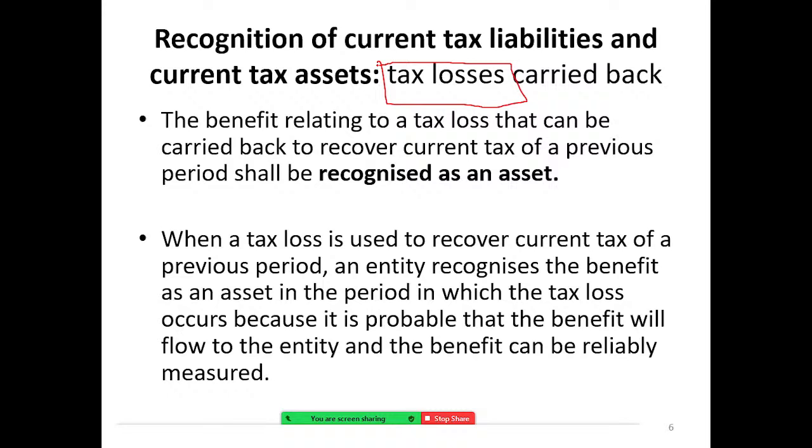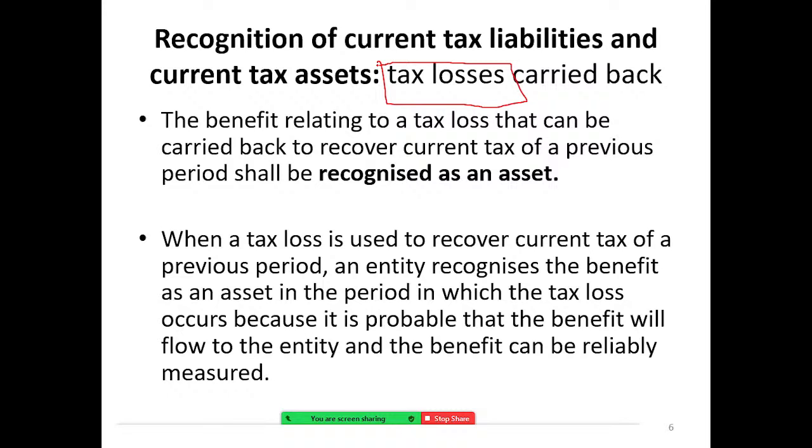When an entity earns profit, it should pay tax on that profit to the government. If the same entity encounters losses, what will be the treatment? It means the government should pay something to the entity.